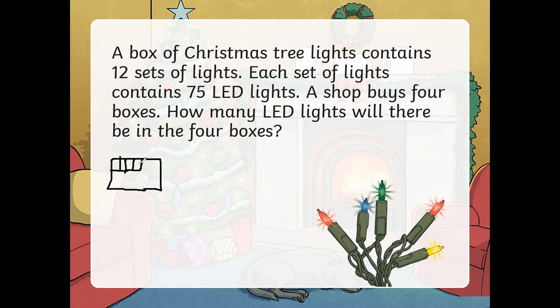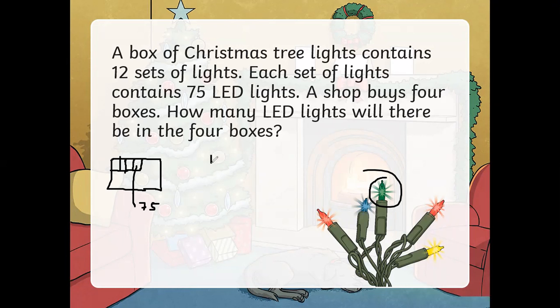And in each set of lights, so in these little packets of lights, there are 75 LEDs. These are the LEDs. For anyone wondering what an LED is, it's just a type of light. And it says the shop buys 4 boxes, so that means they have 4 of these boxes with 12 sets inside them. So let's first find out how many sets the shop buys.